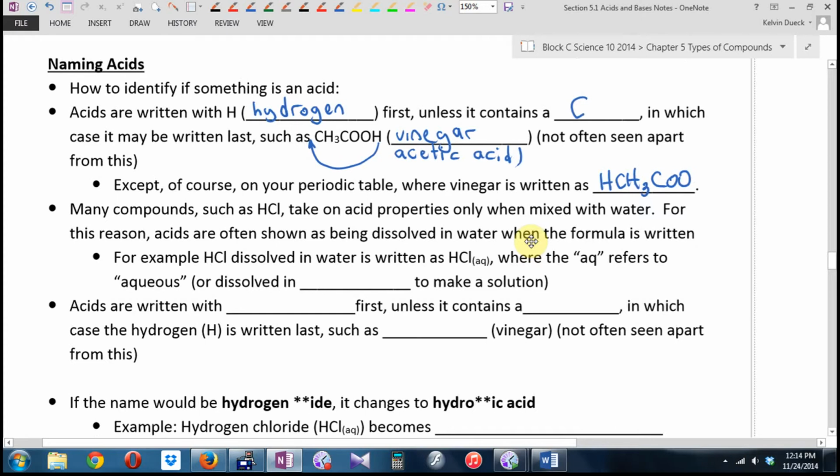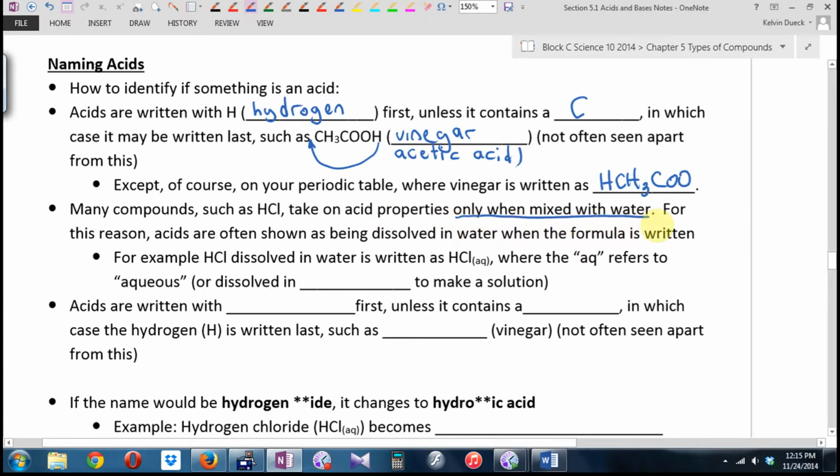So already we have stupid exceptions to the rule that I gave, but basically, you can recognize in this unit, it's probably an acid if it starts with hydrogen, aside from the chaku one that I just gave you. Many compounds, such as HCl, which is called hydrochloric acid, take on acid properties only when mixed with water.